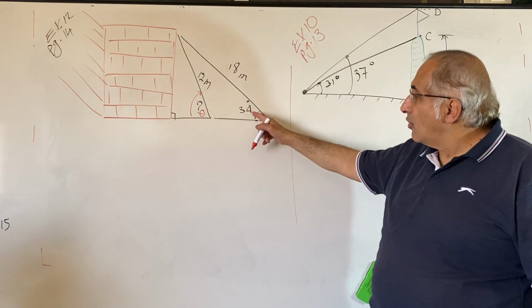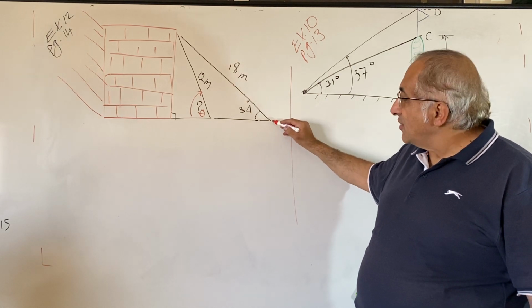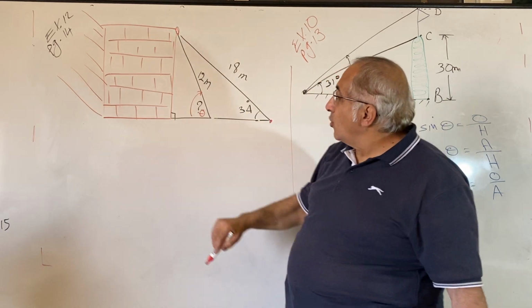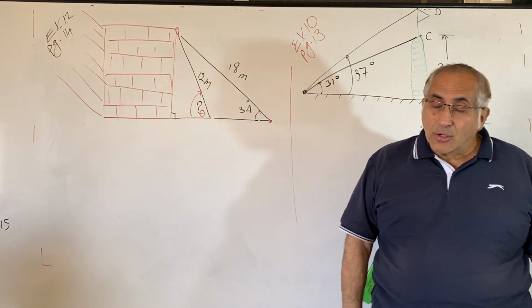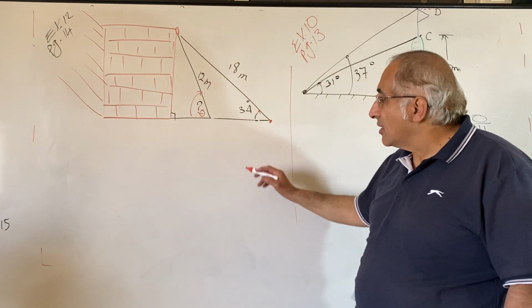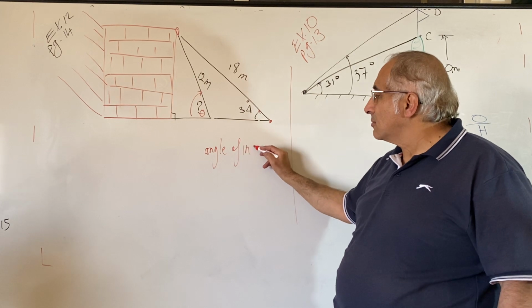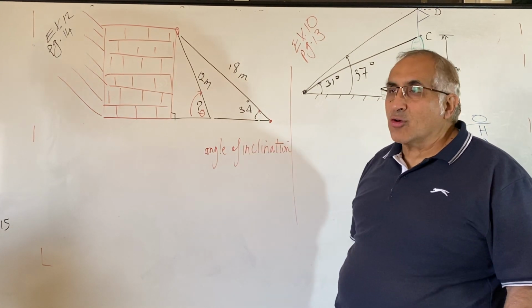This is also called, let's say you are far away for some distance, and this guy here, or whoever it is, is looking at that point here with an angle of elevation of 34. So I can call it an angle of inclination or an angle of elevation. It's good to see this word inclination. زاوية الميلان مع الhorizontal.